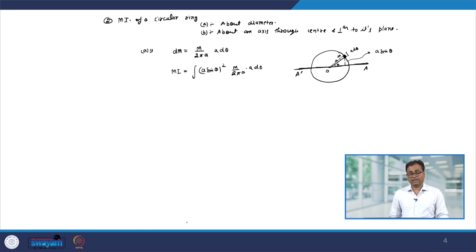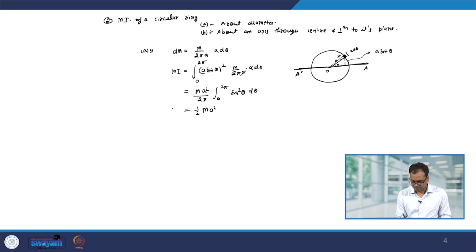Now, the limit of theta you can clearly see that theta varies from 0 to 2 pi. Okay. So, this comes out to be m and a square, this a will get cancelled with that a. So, m a square over 2 pi, integral 0 to 2 pi sin square theta d theta and this comes out to be half m a square. So, this is the moment of inertia of the circular ring about the diameter.